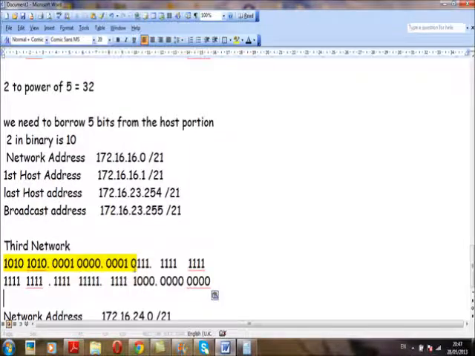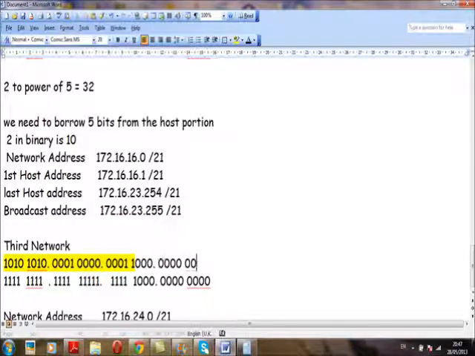So for the third network, this has to become a 1. Can you see what 1 is in denary? 3. Yeah, so it must be our third network. All the rest here has to become 0, 0. Let's do it properly, and then you can see how this all fits together.